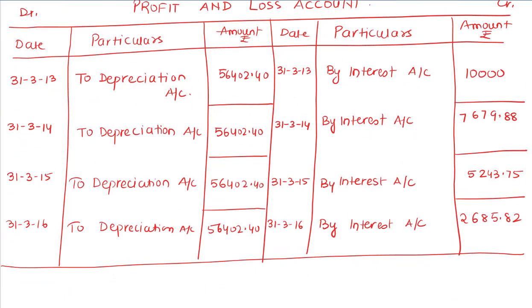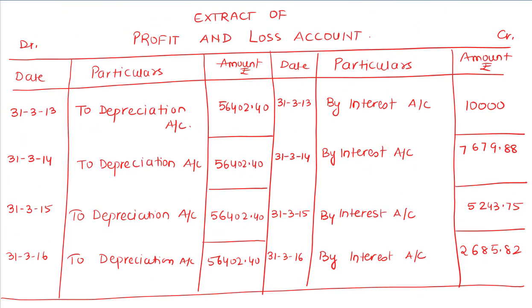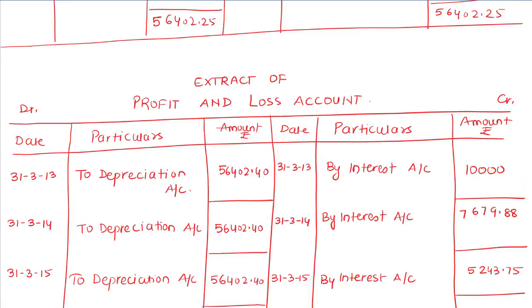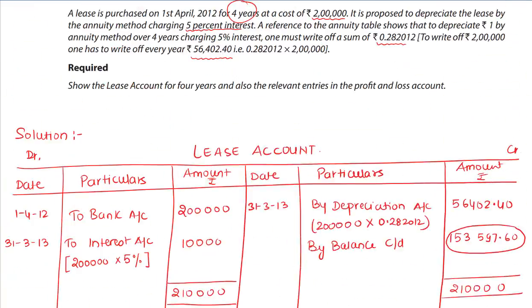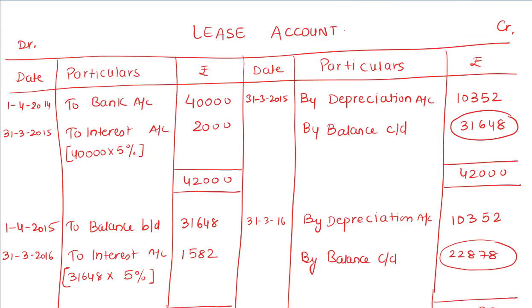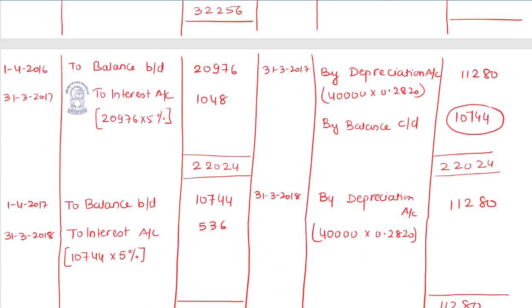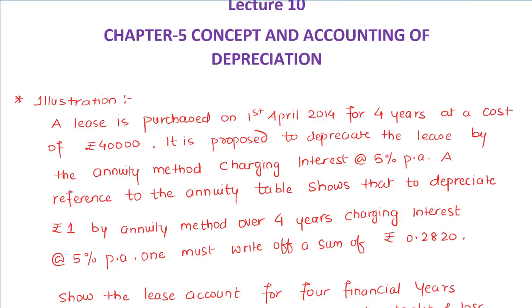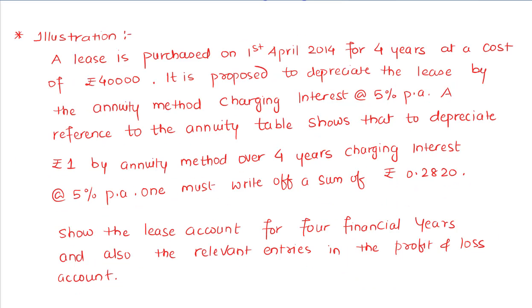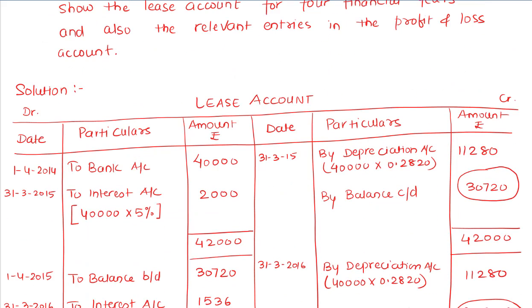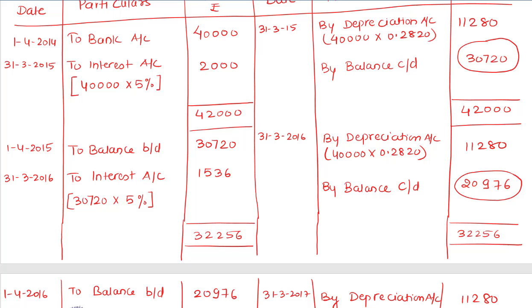I believe you understood the profit and loss account properly. Let us quickly see what we have done in today's class. We have done a comprehensive illustration where we have prepared a lease account.